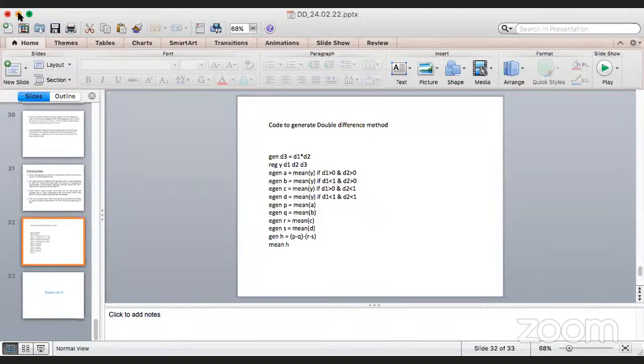Sir, I am sending this Excel file and this data file also. If you have any clarification, write to my mail. I am happy to reply.